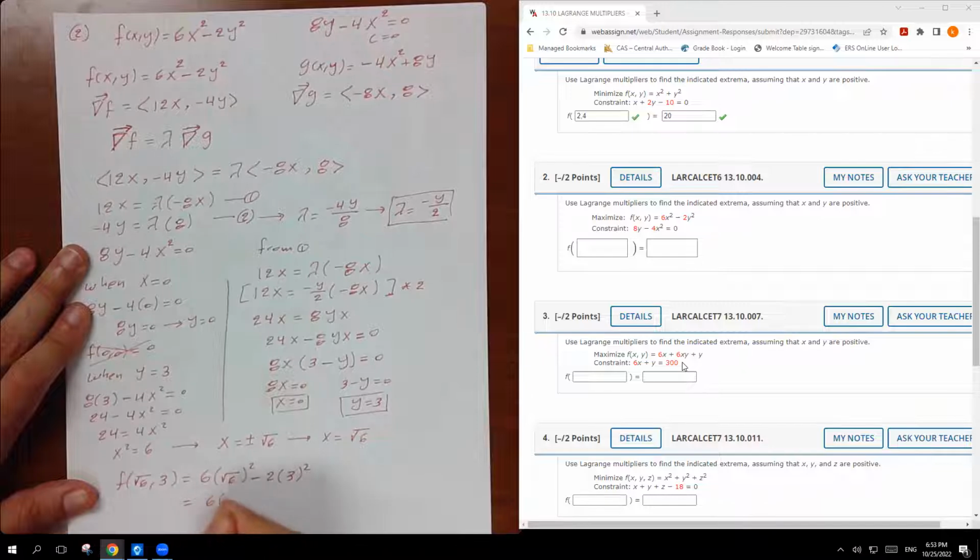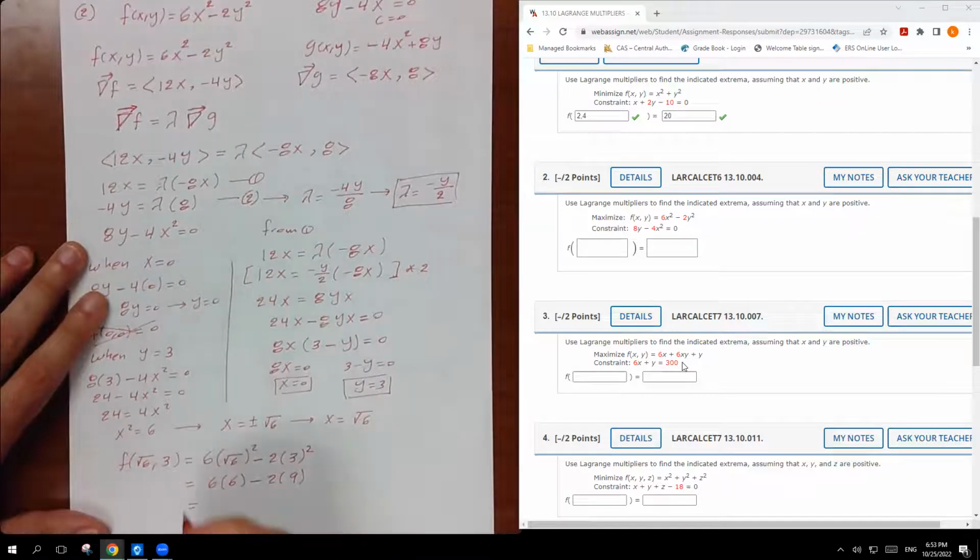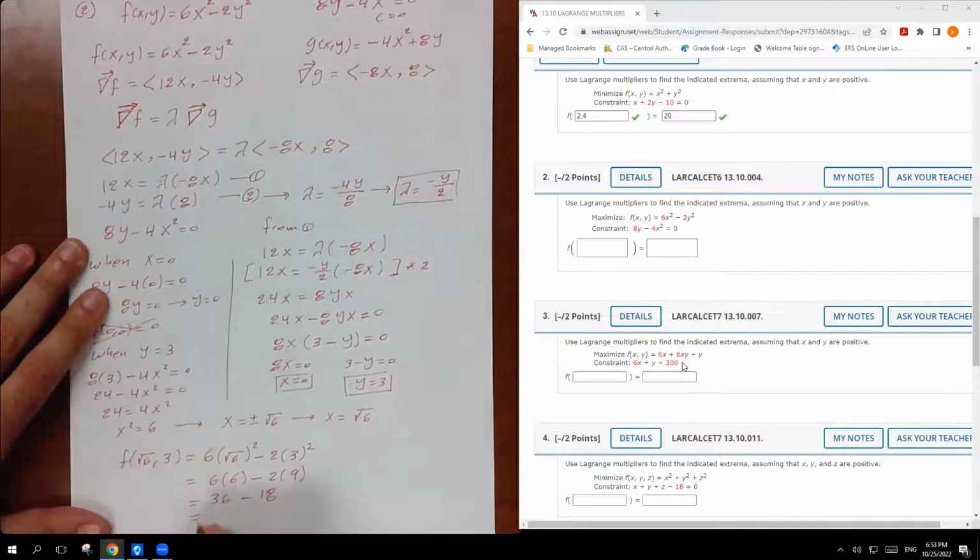So it's going to be 6 times 6 minus 2 times 9, which is 36 minus 18. And the result is going to be 18.